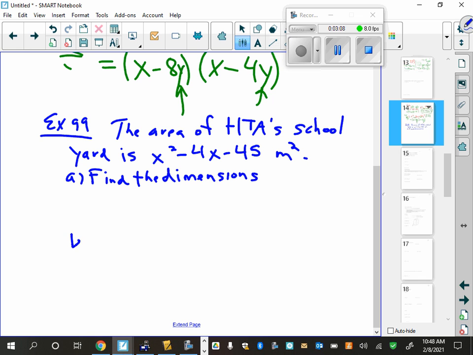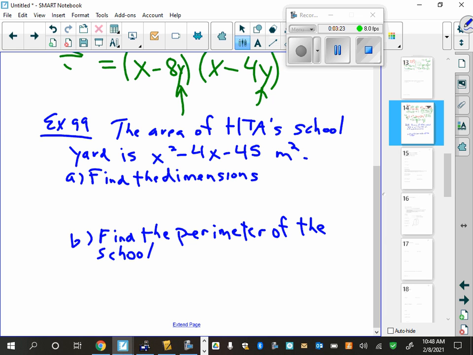B, find the perimeter. You guys know what a perimeter is? What's perimeter mean? What does perimeter mean? Yeah. David?